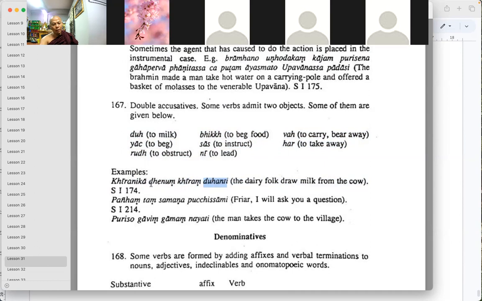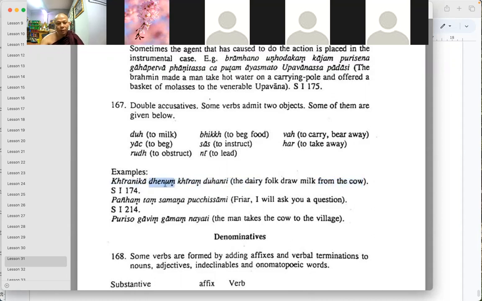So with duhati here, two objects. They know also one object, khīraṃ also one object. So dairy fork, draw milk from the cow. Maybe in English it is 'from the cow', but in Pali they just use the accusative case.